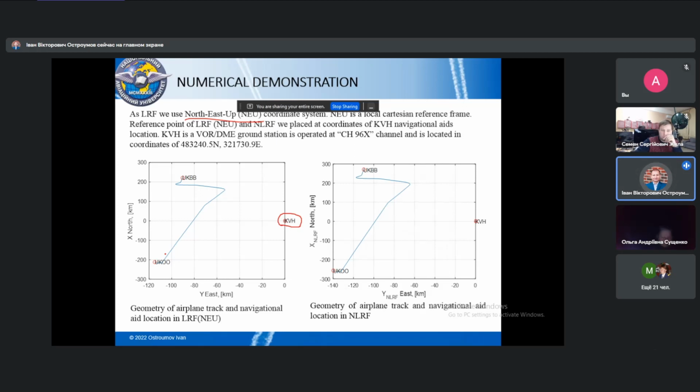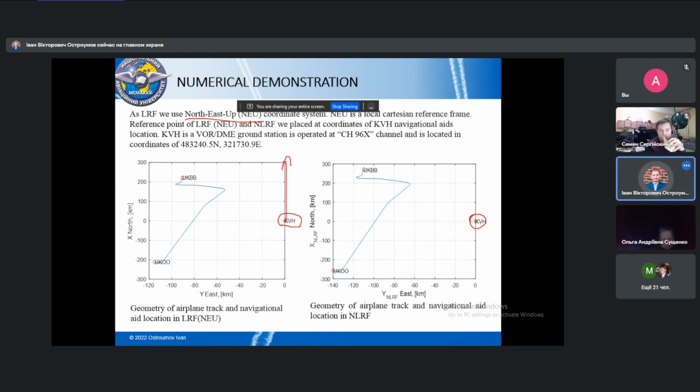With the help of this beacon, the aircraft knows the exact distance at each point of this trajectory. And we apply our transformation to the non-linear reference frame, also with a reference point at the Kirovograd DME ground station.